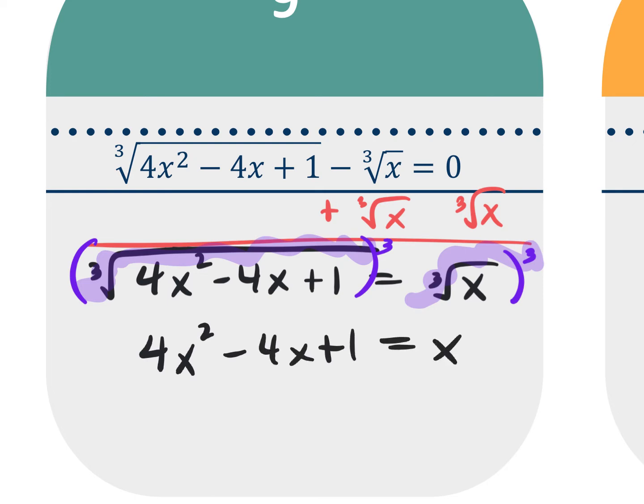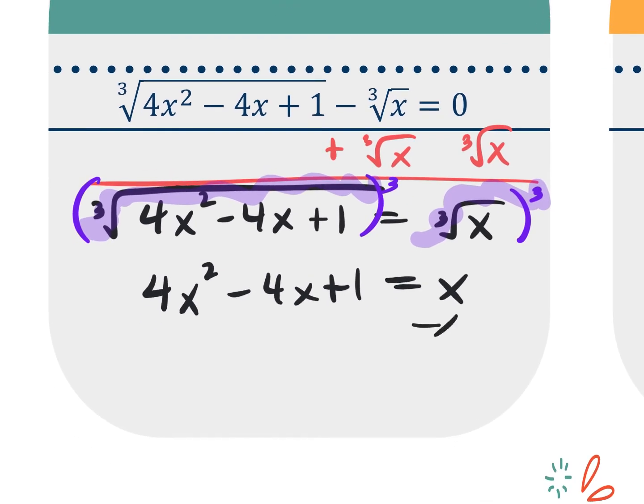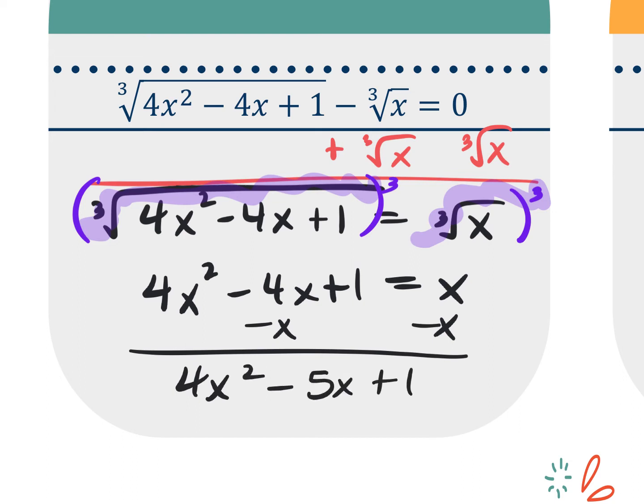I need to get this into a trinomial, so I'm going to subtract x and set my equation equal to 0. And now either I can guess and test here, or I could factor by grouping. This one's probably easy to guess and test because 1 only has 1 times 1 as the factors, and 4 would be 4 and 1 or 2 and 2.